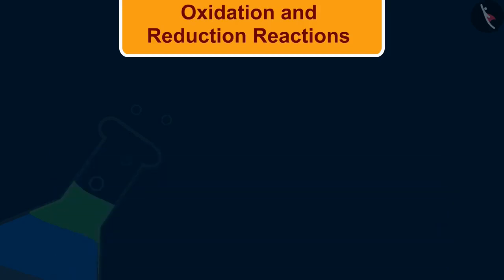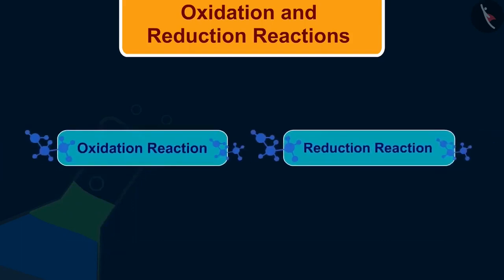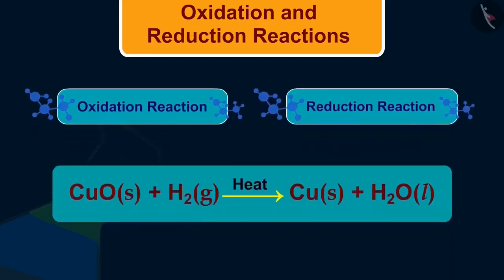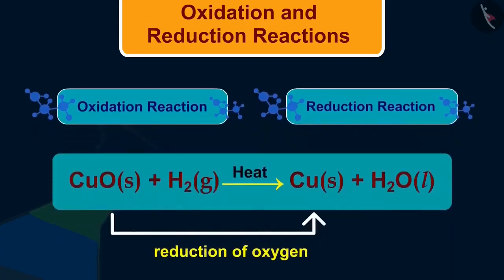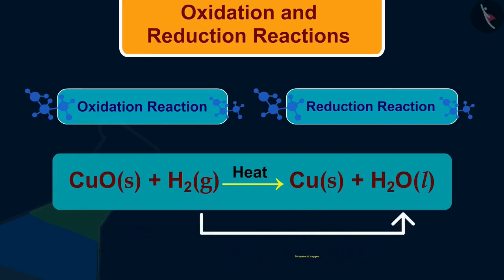Let us learn about reactions in which both oxidation and reduction are observed. As we saw in example 2, the removal of oxygen from copper oxide, that is, reduction, and increase of oxygen in hydrogen, that is, oxidation, is happening.